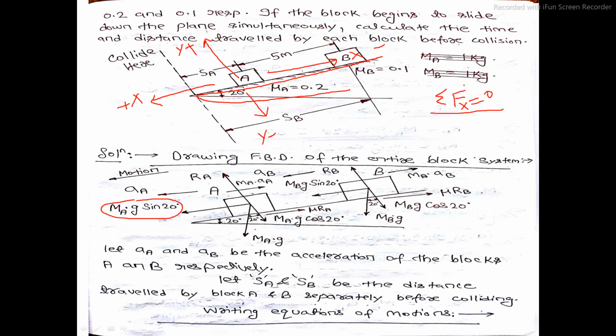So if I write summation fx equal to 0 for block A, what will be the equation?